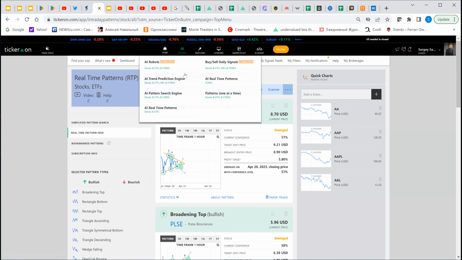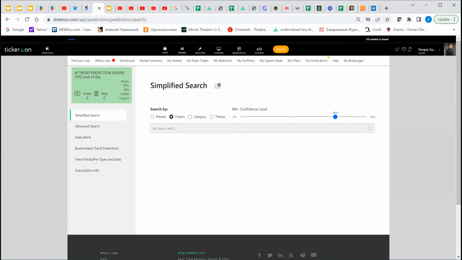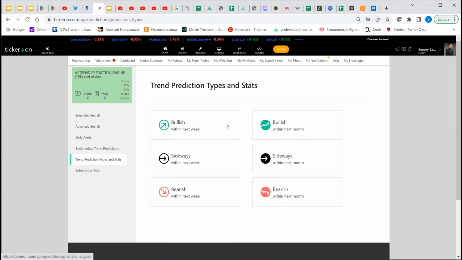Another tool from a historical perspective is the trend prediction engine. That's where we are predicting these types of trends: bullish for the next week, bullish for the next month, also sideways for the week, and bearish for the week and month.